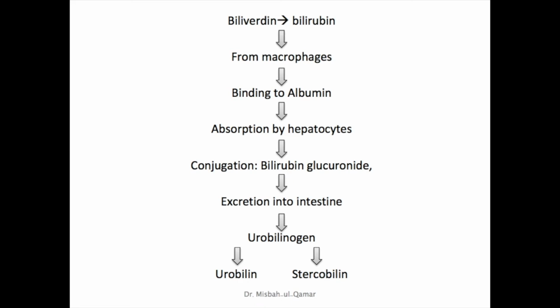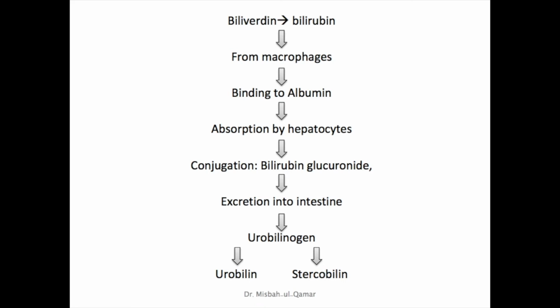Initially, biliverdin is formed, but it is immediately reduced to bilirubin. Now, this bilirubin is released from the macrophages into the plasma. It binds to albumin in plasma and is absorbed through the hepatic cells.